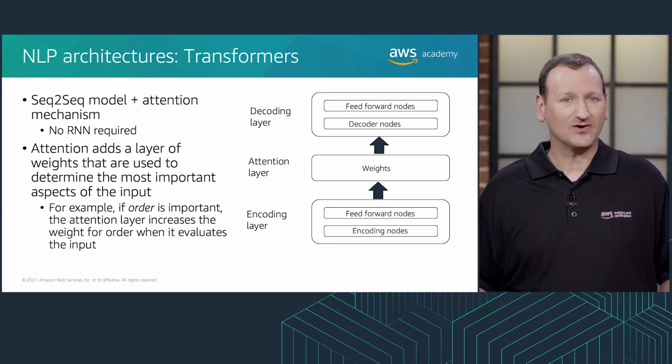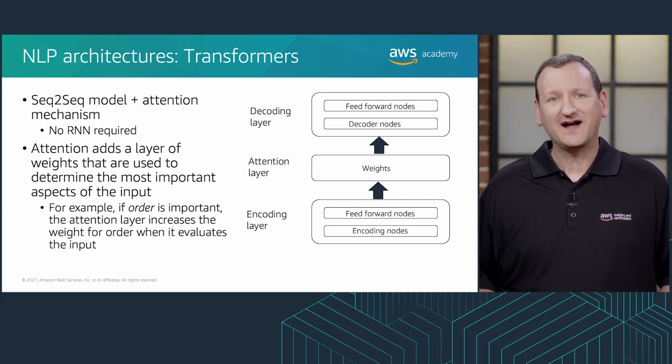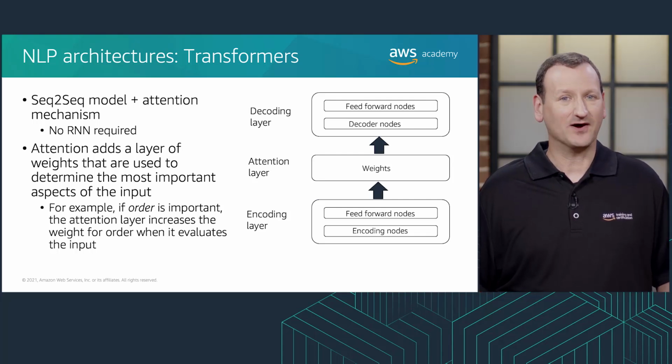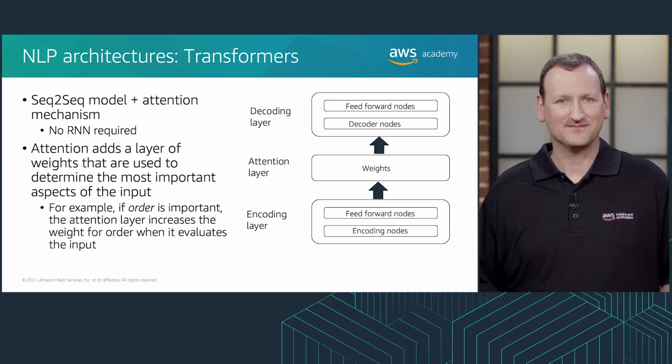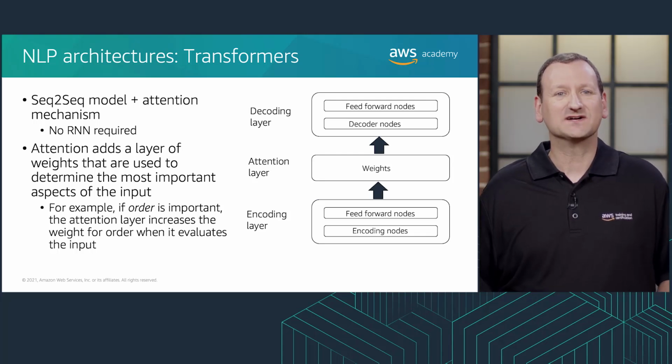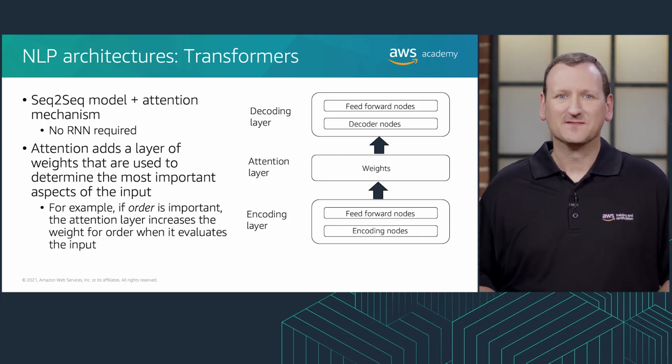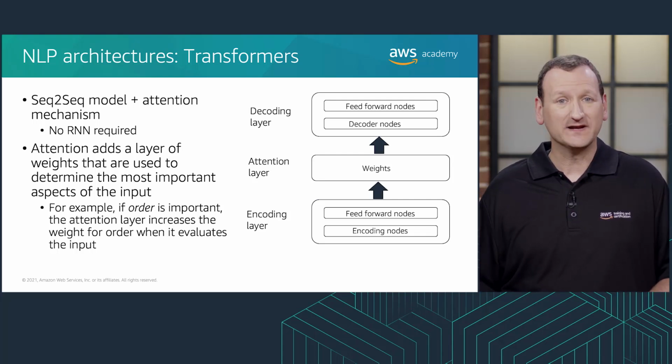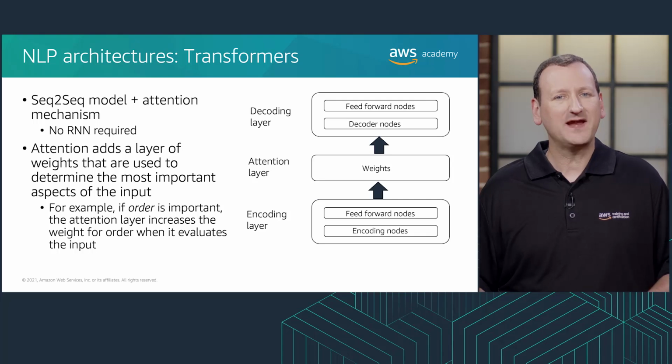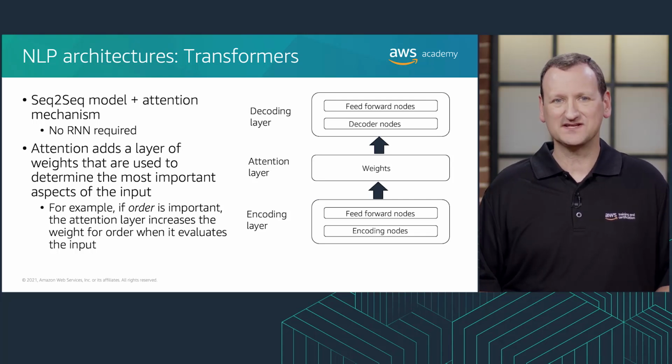The transformer architecture for NLP provides a way to create a seq-to-seq model without using an RNN. It introduces the idea of attention. This concept is another way that neural networks have been adapted to behave more like human thought. When you read or hear a sentence, your brain can evaluate each word in the sequence.